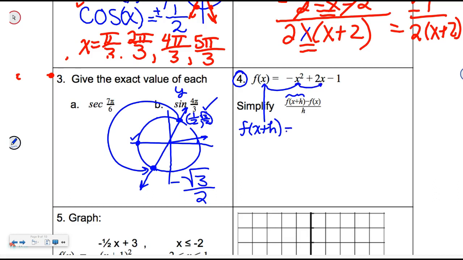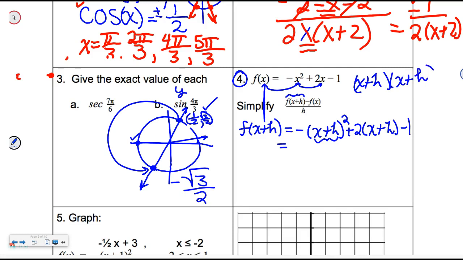So that means I will have a negative, the input squared plus twice the input minus 1. This is just the f of x plus h. Then I'm going to FOIL this, maybe off onto the side, or if you have it memorized, but I'll need to FOIL that.